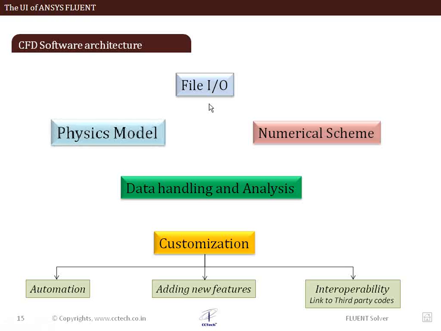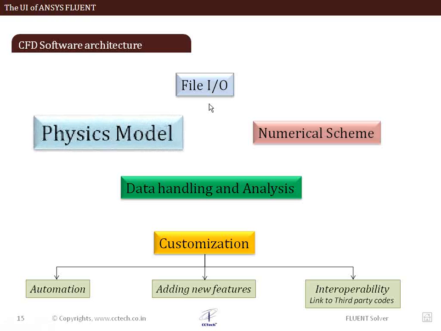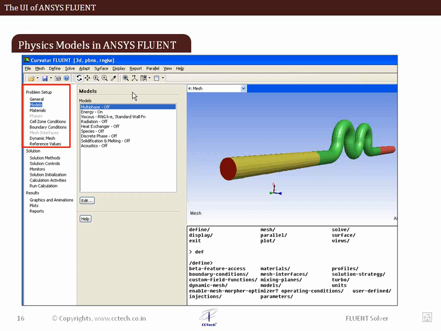Let's look at the physics model based inputs which are required in ANSYS Fluent. We're looking at the overall architecture of ANSYS Fluent from the perspective of physics based models. The options that are available are huge. This whole section of the model tree that you see on the screen, starting from general and specific models, the materials panel, physics based boundary conditions, and cell zone conditions, defines what kind of equations are to be solved inside the domain.